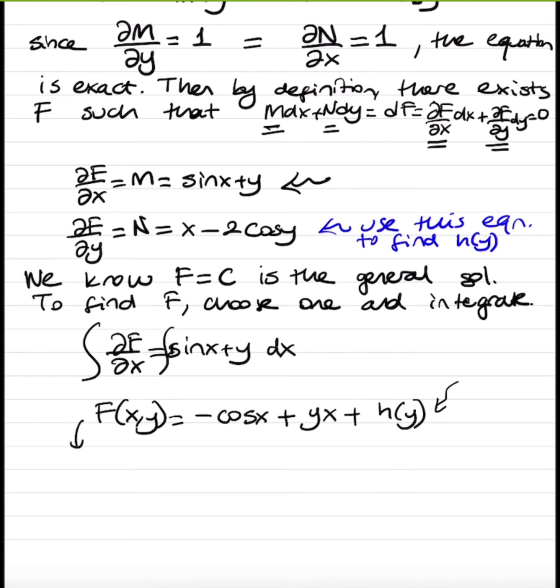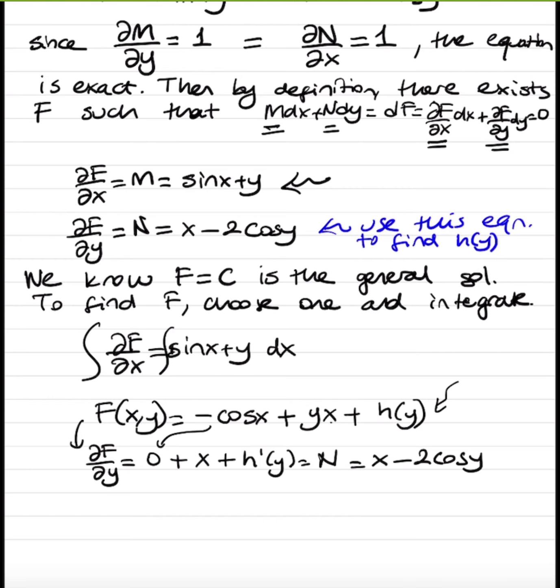So what we are going to do is we take the derivative of f with respect to y. So it is minus cosine x, the derivative is 0. Y times x, the derivative is x, plus h prime of y, and we know that this is equal to N, which is x - 2 cosine y.